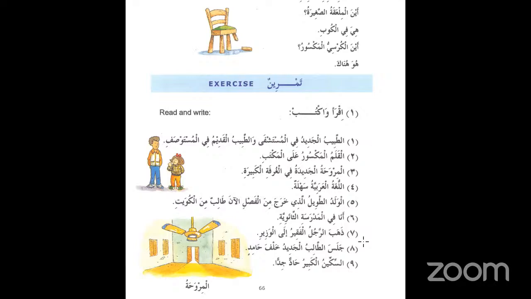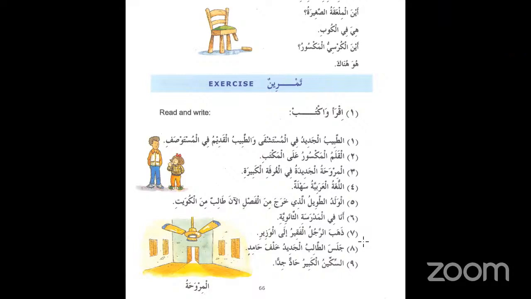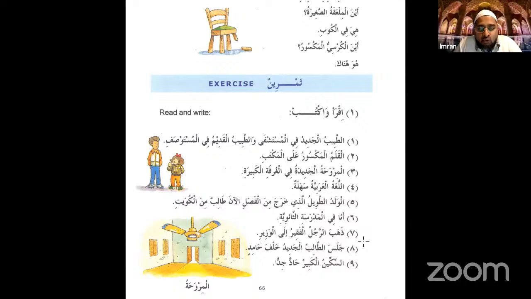What's happening? That is the mubtada. At-tabibu al-jadidu. Excellent. Why do you say at-tabibu al-jadidu, both of them are mubtada? Can you repeat the question, please? Why are both words, at-tabibu al-jadidu, mubtada? Why did you say that?